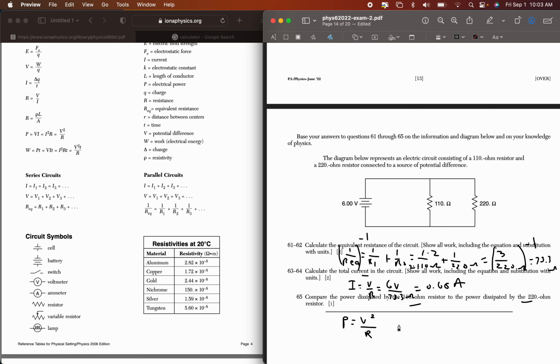So let's just say the power of the 110 ohm is greater than the power of the 220 ohm. It is double.